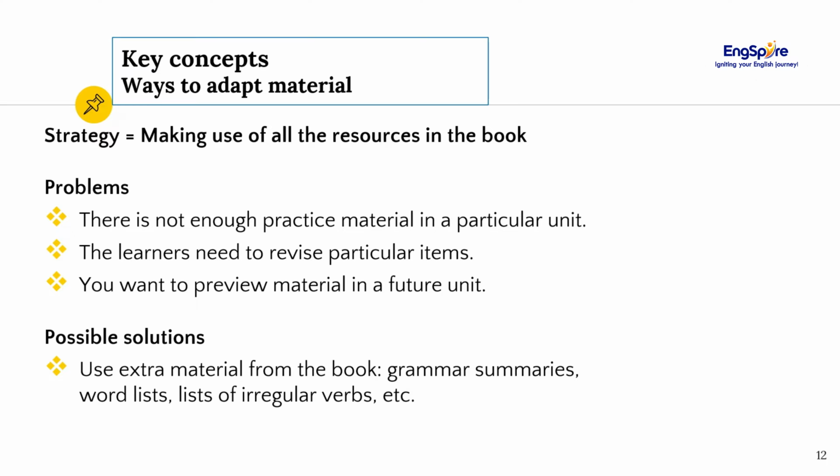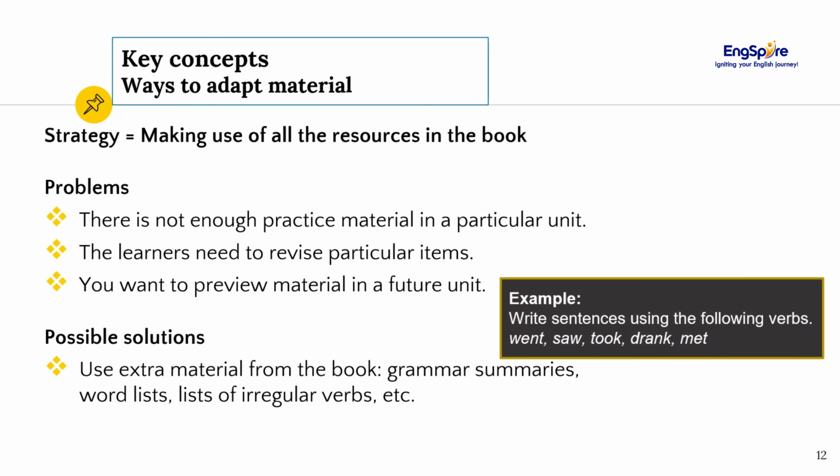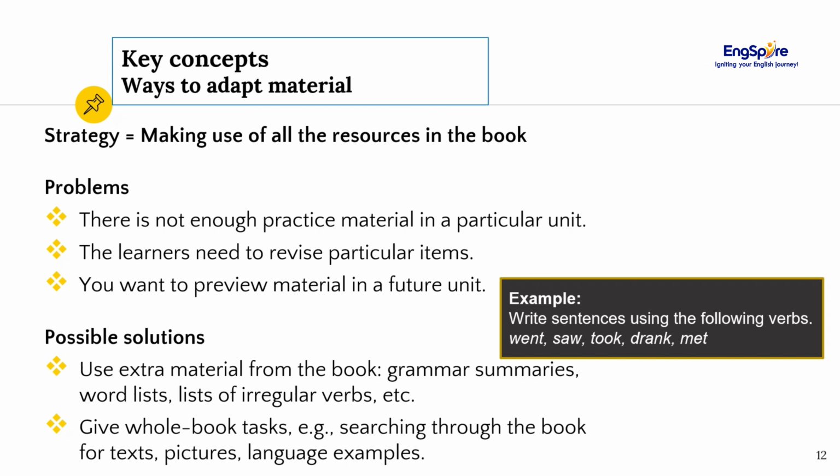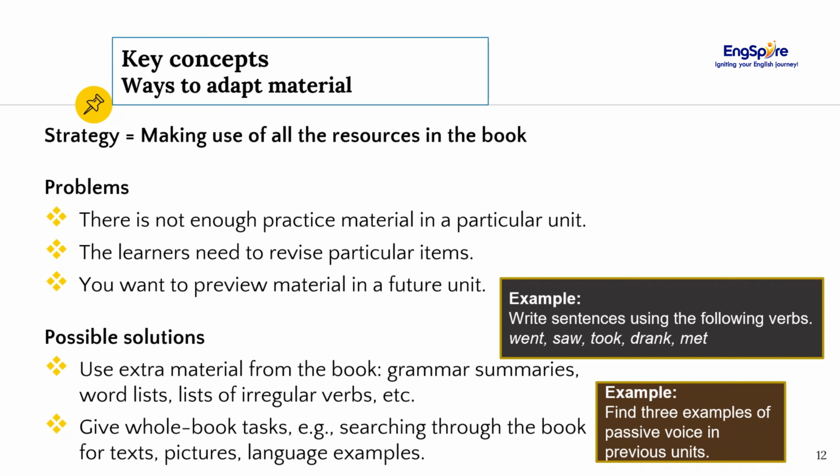You can use these for extra practice. For example, after teaching the past tense, students can use the irregular verb list to create sentences with the given verbs. You can also create activities using the whole book. For example, ask students to find 3 examples of passive voice in a previous unit. This helps learners recycle language and become more independent.